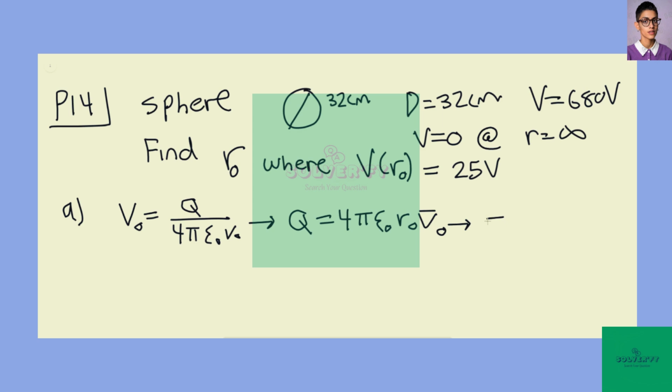We can find a surface charge density, sigma, equal to Q over 4 pi R naught squared, where that's simply the radius.